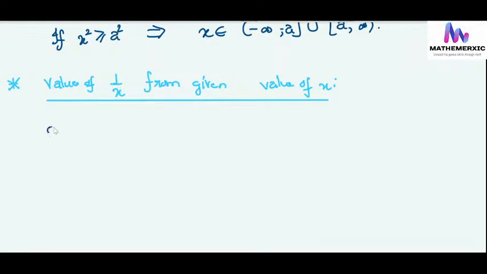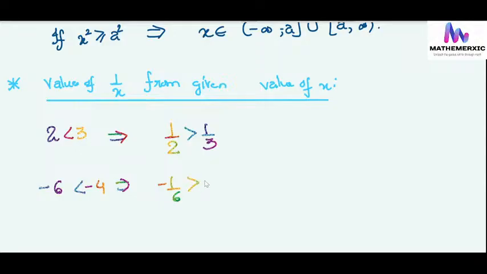So let us say we have 2 which is less than 3, then it implies that 1 by 2 is greater than 1 by 3. See, with reciprocals of positive numbers, the inequality changes. Okay, -6 is less than -4, it implies that -1 by 6 is greater than -1 by 4.